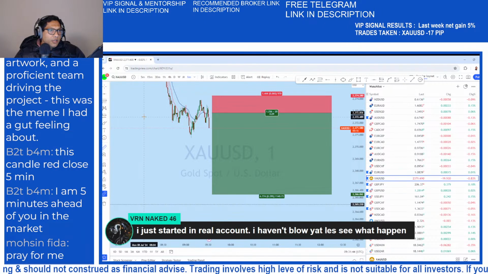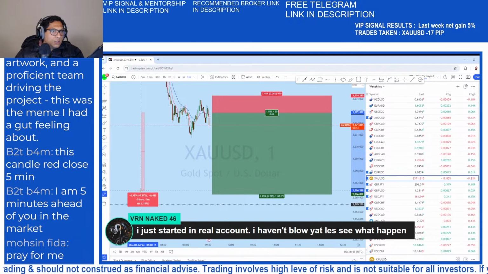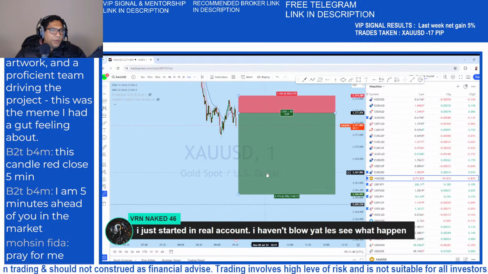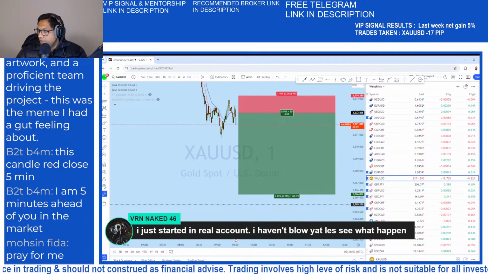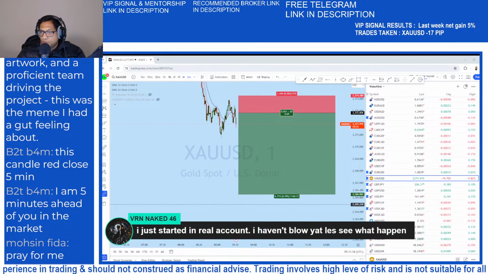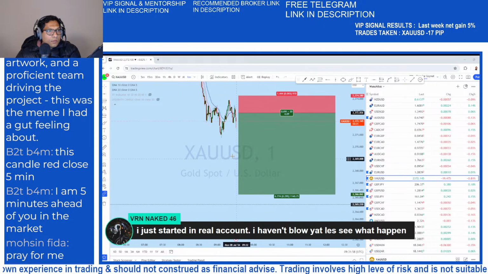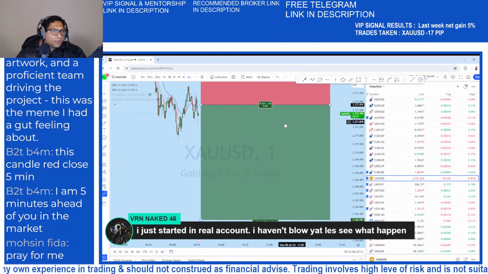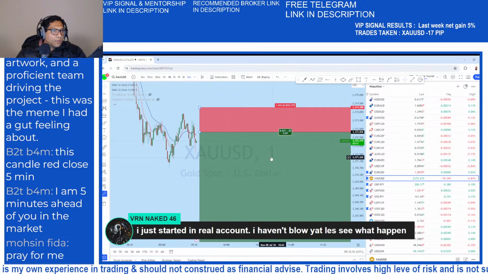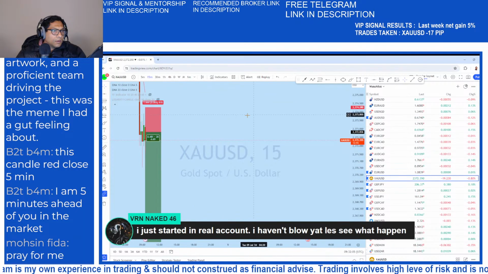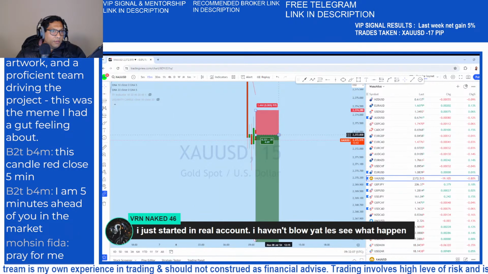So the TP target here is almost a 68 pip TP target. Pretty unusual movement here.